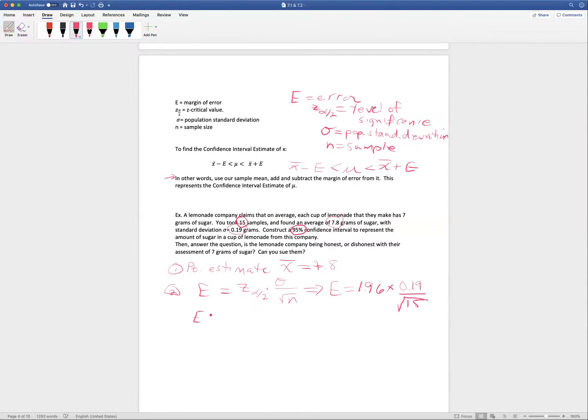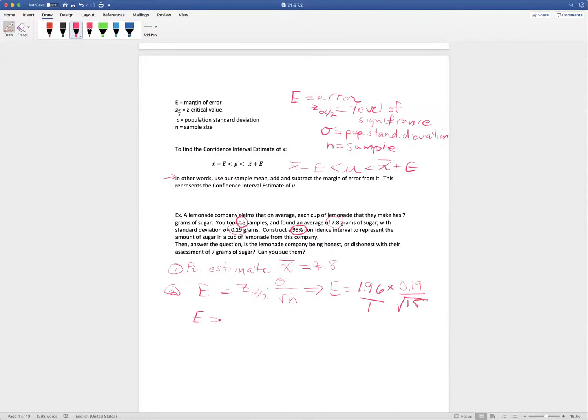So let's figure out what E is on my calculator. You can do it in one of two different ways. You can just multiply your numerators together. So 1.96 times 0.19 and then divide that by the square root of 15.